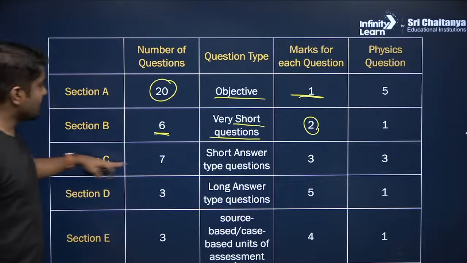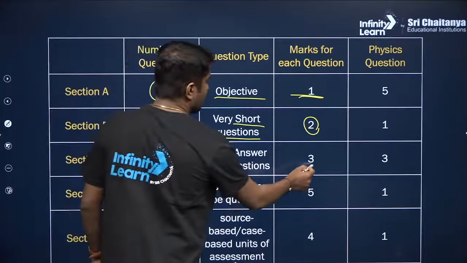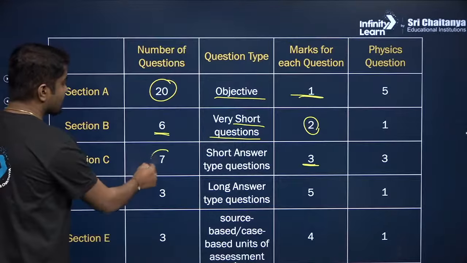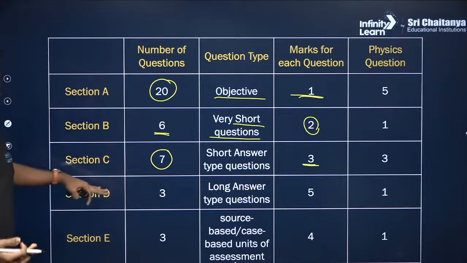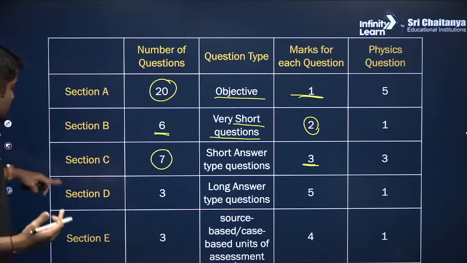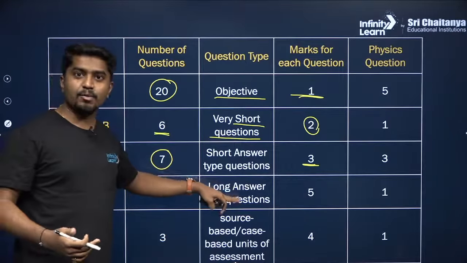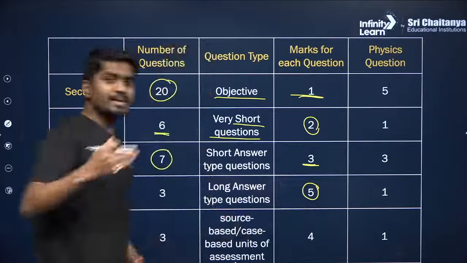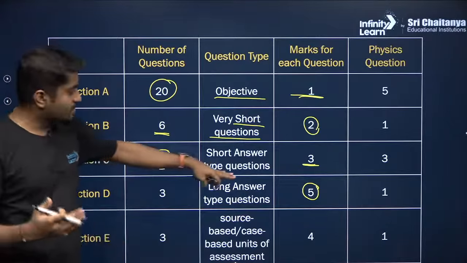In section C, these are short answer type questions. Each question is for 3 marks and the total is 7 questions, and these are mostly competency based questions. Section D has long answer type questions, and each question is 5 marks. There will be some sub questions and the marking will be divided as per the sub question.